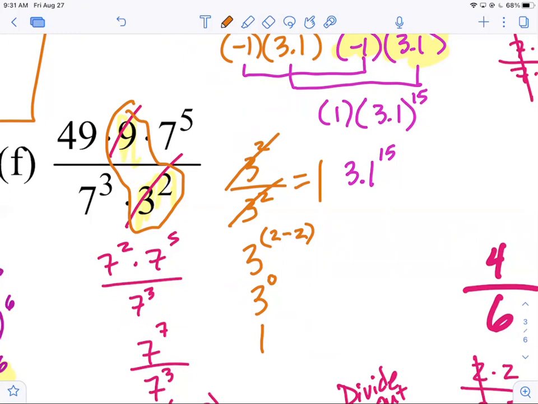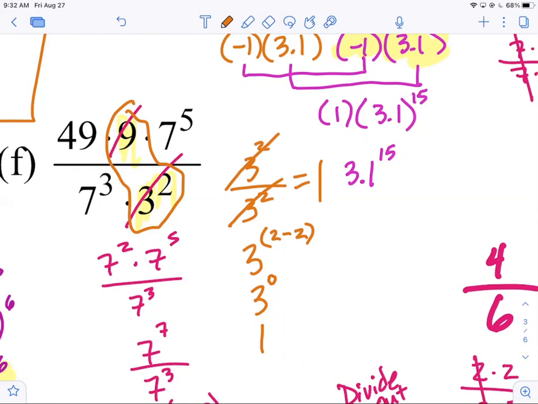So if you've ever heard, why is any number to the 0 power 1? Now you know why. It has to be in order to preserve the rules of exponents. Because 3 squared divided by 3 squared is 9 divided by 9. Anything divided by itself is what? 1. And therefore, 3 to the 2 minus 2 power is 3 to the 0th, which has to be 1.